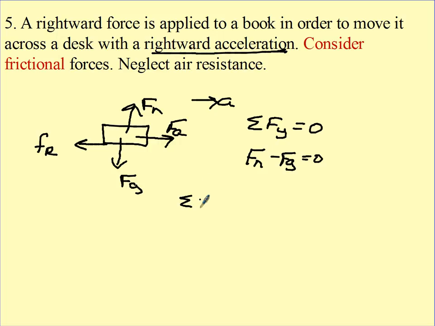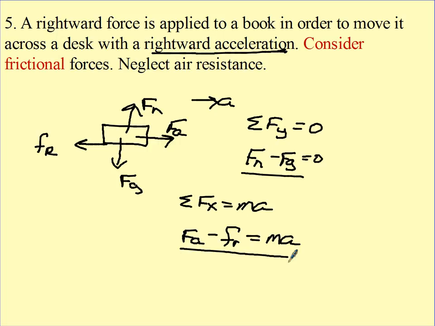Sum of the forces in x equals ma. What forces do I have acting in x? I ignore everything in y and just look at my x forces. I have Fa minus friction equals ma. These are Newton's laws written out for this problem.